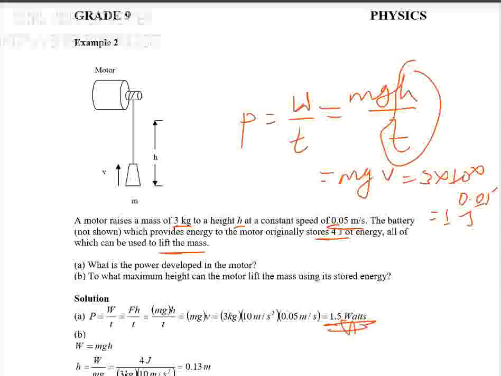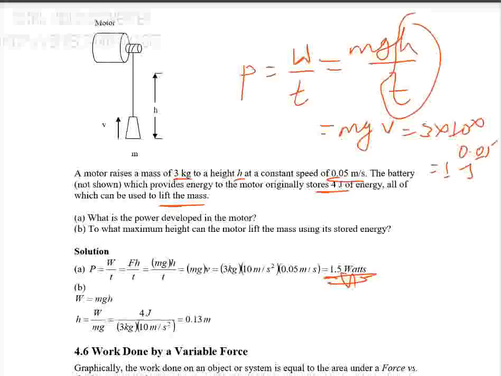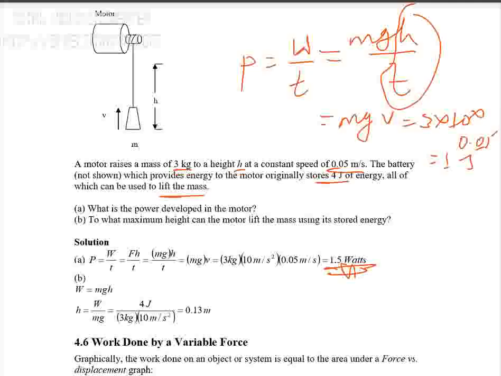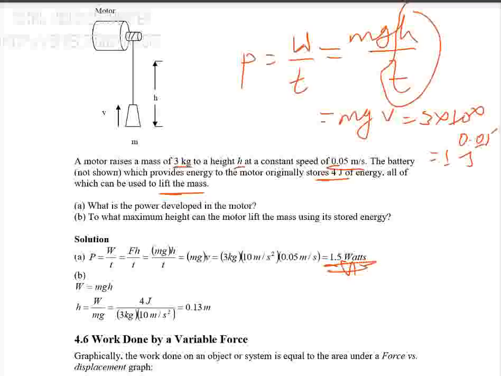In part B, to what maximum height can the motor lift the mass using the stored energy? Let us find h. The maximum energy is this much. Therefore, from this, work is equal to mgh. If you solve for h, h is equal to w over mg. And if you substitute all values, you get 0.13.